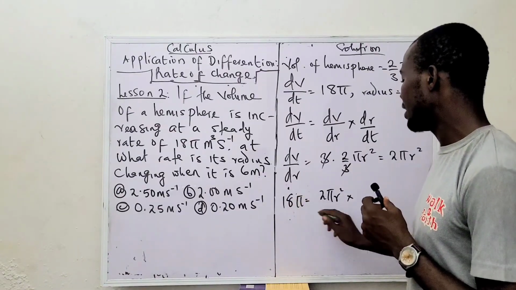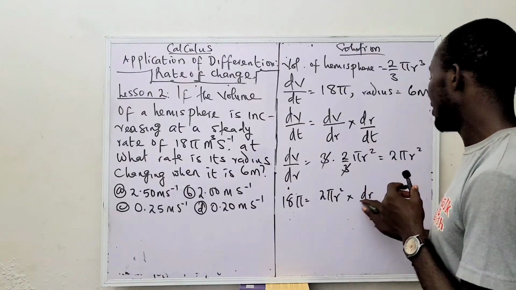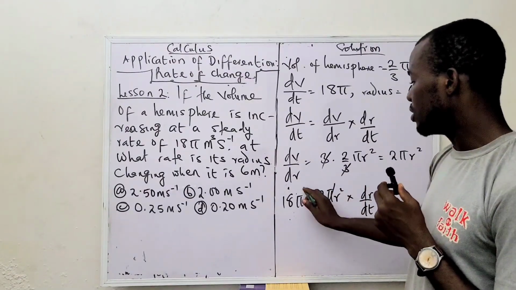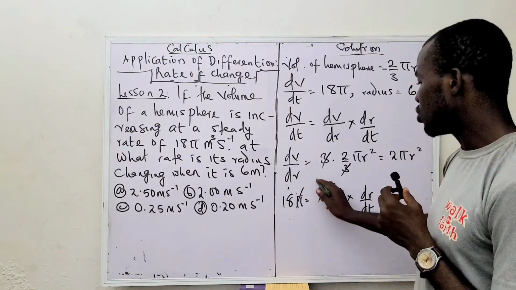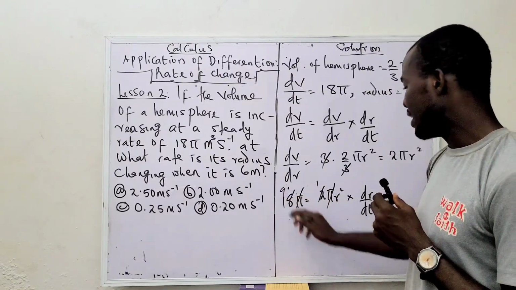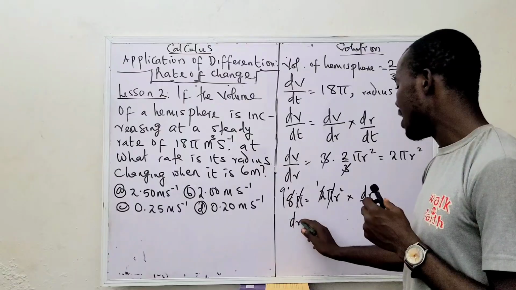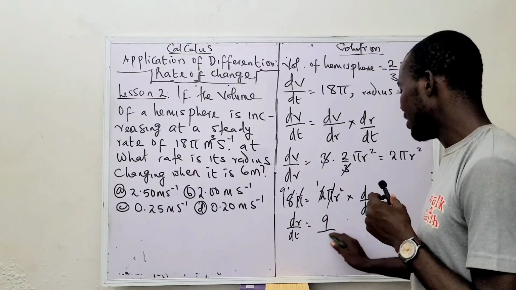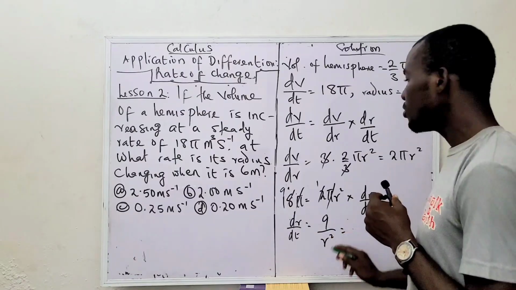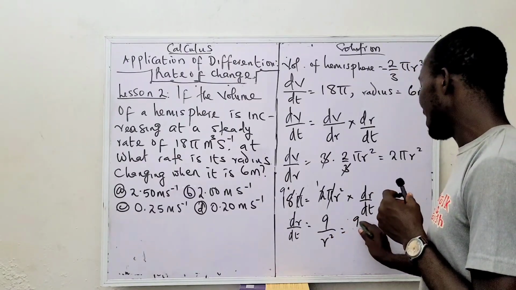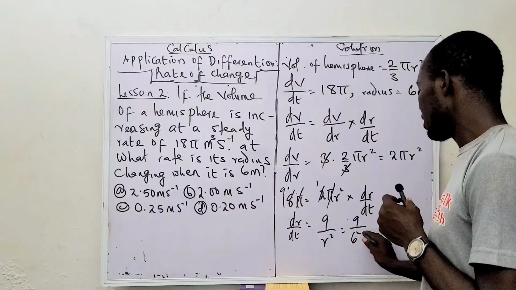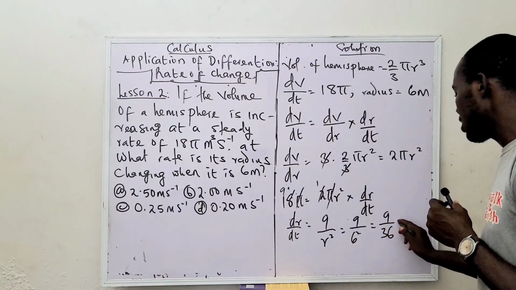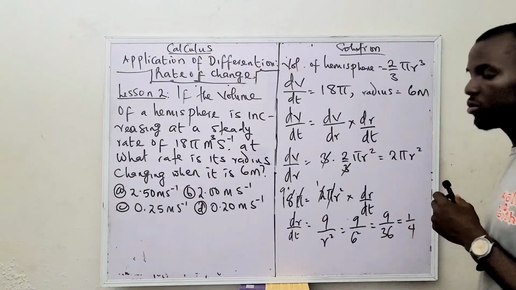So 18 pi equals 2 pi r times dr over dt. Obviously, this pi will go with this pi, and 2 here is 1, 2 here will be 9. And so your dr over dt will equal 9 divided by r squared. And what is our r? This is 9 over 6 squared, and that will be 9 over 36, and that will be 1 over 4.